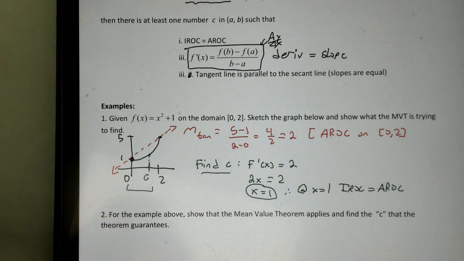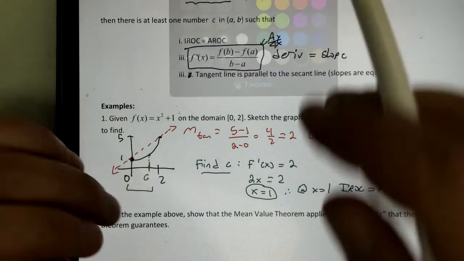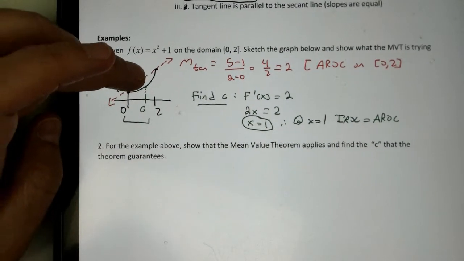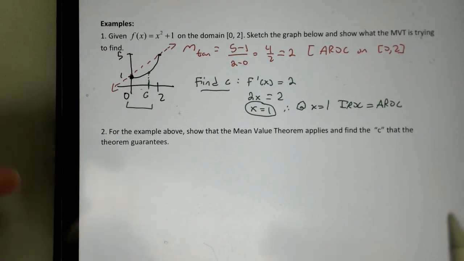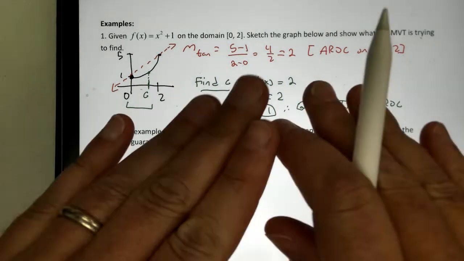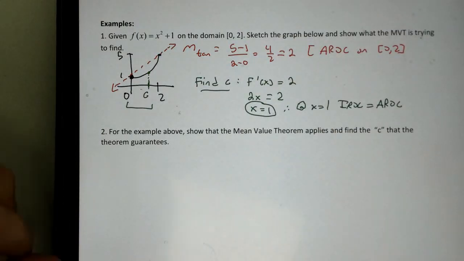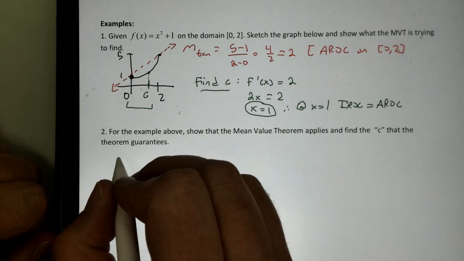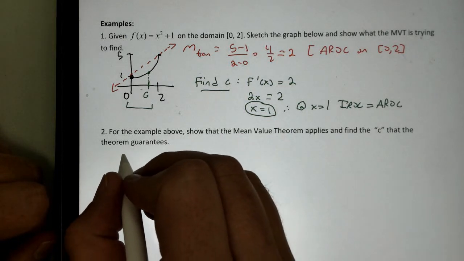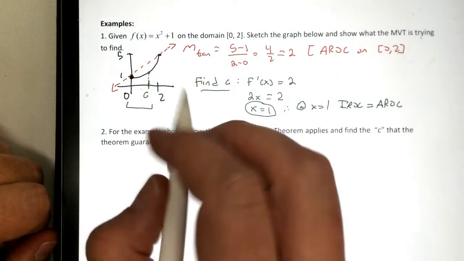So how do we actually apply this? And we wish it was that easy, but it's not always that way. So let's see here. For the example above, let's show that the mean value theorem applies, and then find C that guarantees the theorem. So the second part's going to be all the same, but we just have to show that we can use the mean value theorem. And to do that, we have to say, 1, is the function continuous? And yes, this function is going to be continuous on this domain.